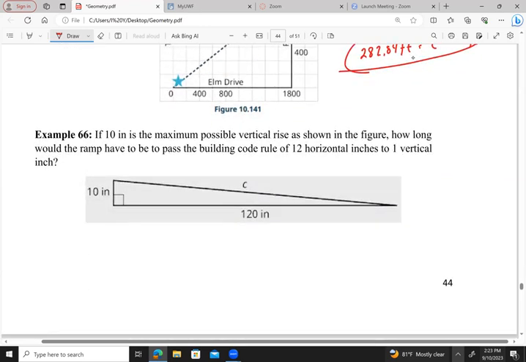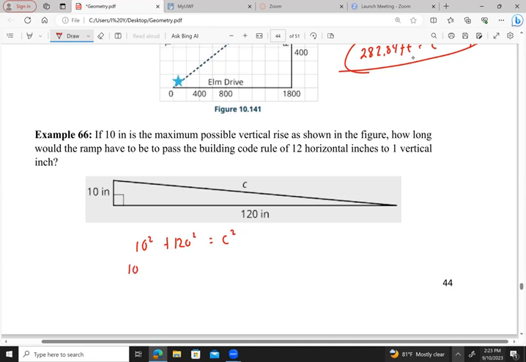Okay. If 10 inches is the maximum possible vertical rise as shown in the figure, how long would the ramp have to be to pass the building code of 12 horizontal inches to 1 vertical inch? So same problem here. We have 10 squared plus 120 squared equals c squared.